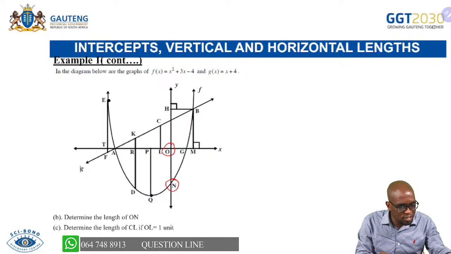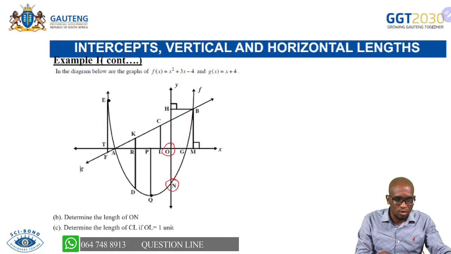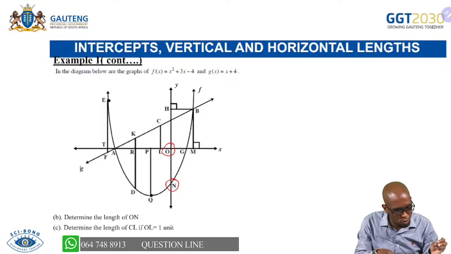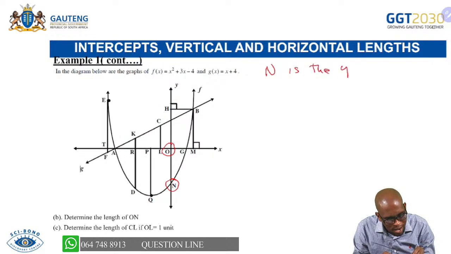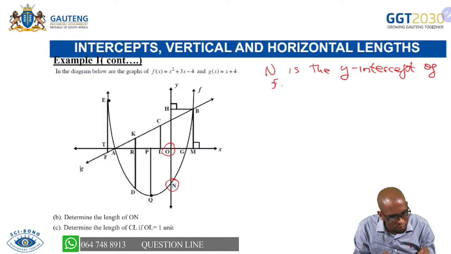So we call point N the y-intercept. So O is the origin and N is the y-intercept of f.